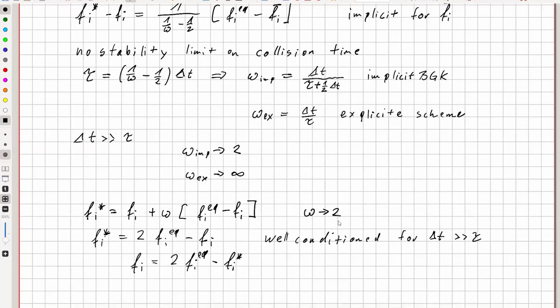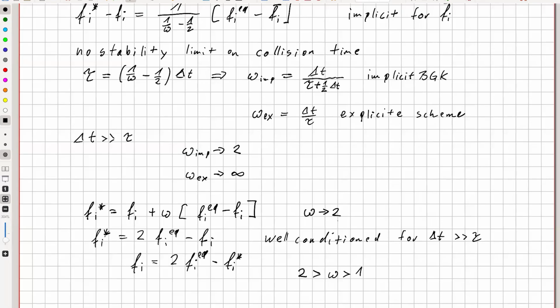Okay, now we understand that we cannot put omega to 2, but we can put it larger than 1.